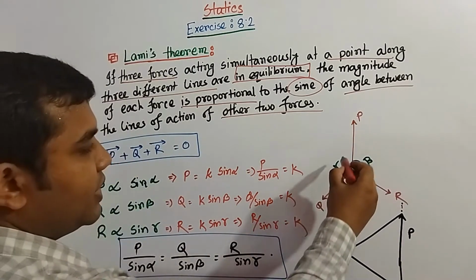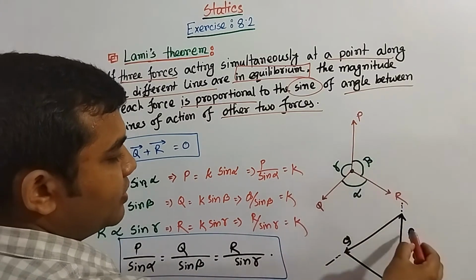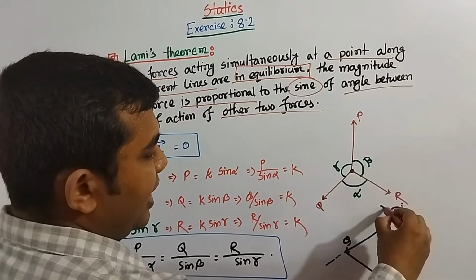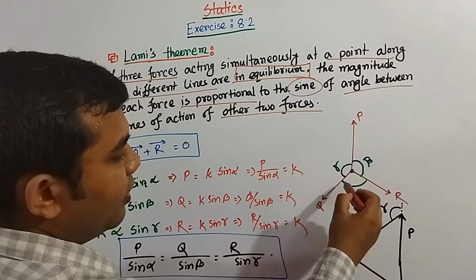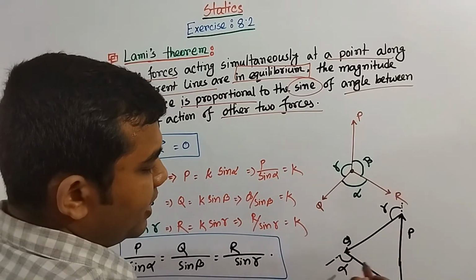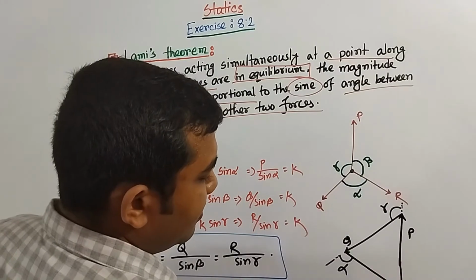And since it was P and Q, the angle between them was gamma, so the PQ angle should be gamma. Then the angle of QR is alpha, and RP, the angle was beta.